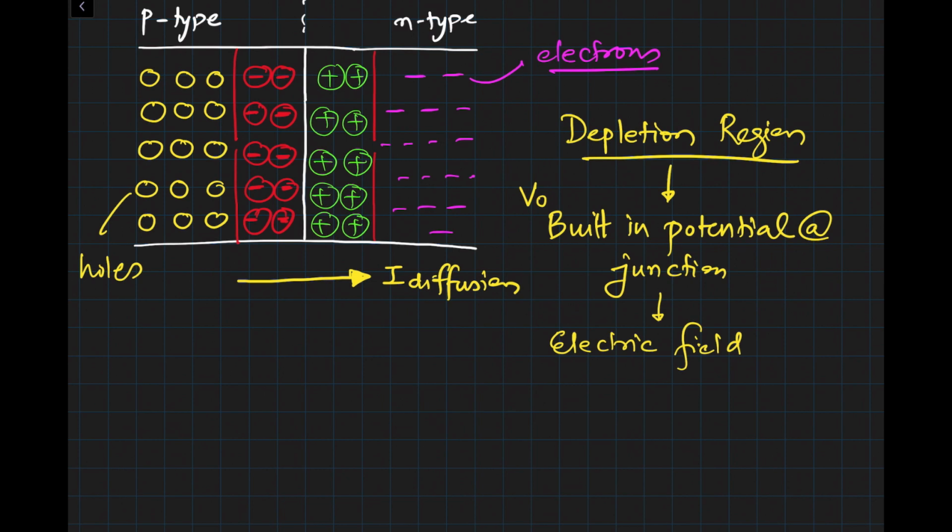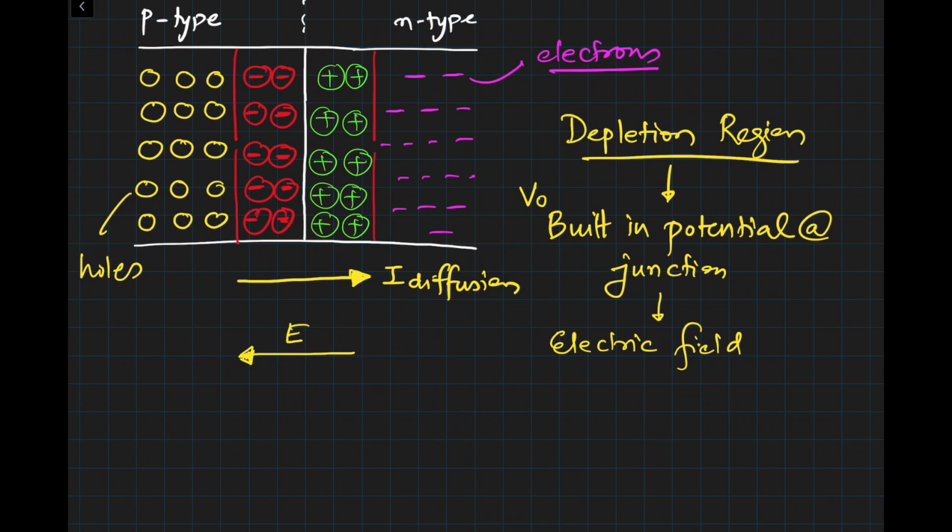So we call it I diffusion. Now this I diffusion, as I already said, will set up the space charge region or built-in potential with the polarity as shown, and this would give you an electric field in this direction, because positive is on the right side and negative is on the left side.